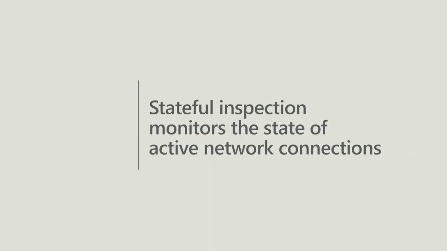Another valuable function of hardware firewalls is stateful inspection. This feature monitors the state of active network connections, such as the source and destination addresses, ports, and protocols. Let's spend a minute to discuss how this works. When a firewall receives a packet, it checks if it belongs to an established connection listed in its connection table.